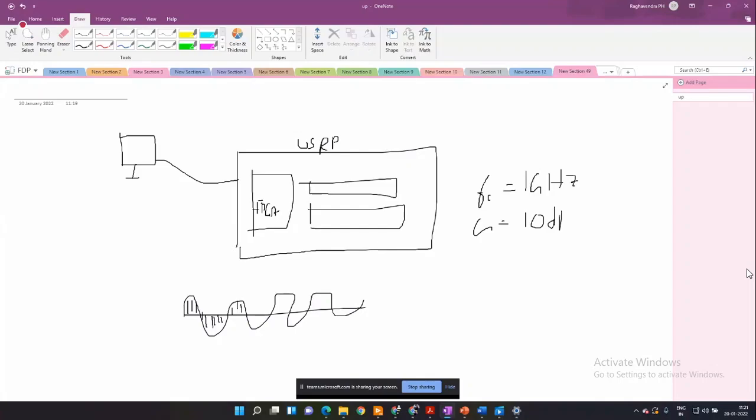One more piece of information: the USRP is an uncalibrated piece of hardware. When you buy a USRP from NI, they do not calibrate the power and give it to you, which is why I'm mentioning that the unit is dB and not the absolute unit dBm. There are companies that will calibrate a USRP and give it to you.